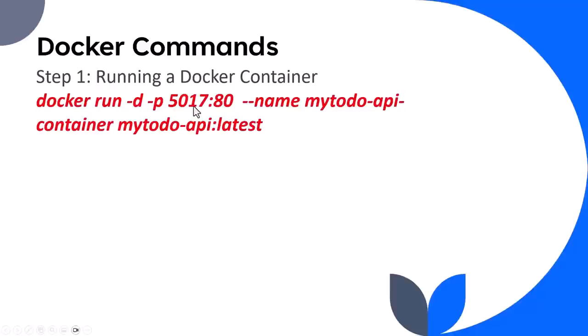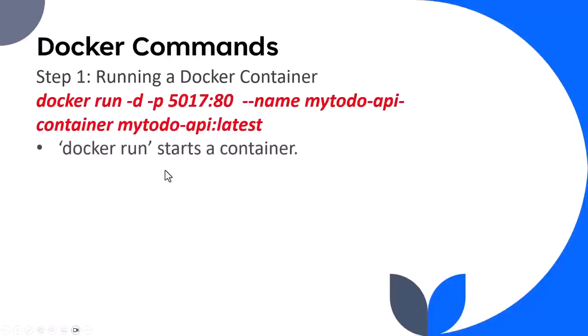And this should be the name of the container, which is my to do API container, and this is the image to be used, that is my to do API latest.